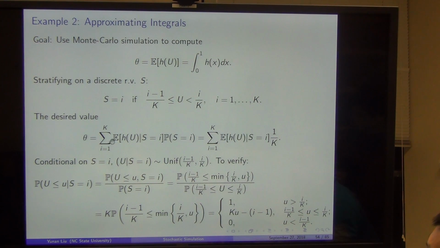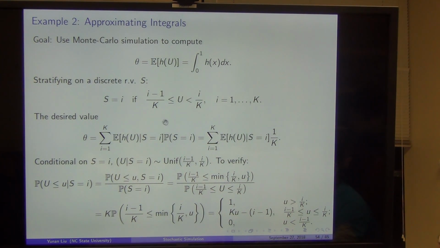We know that theta is equal to the conditional expectation given S equals i times the probability S equals i. S equals i with the probability that U falls into this interval, which is measured by its length. So the probability S equals i is just 1 over k, according to how it's defined. No problem.